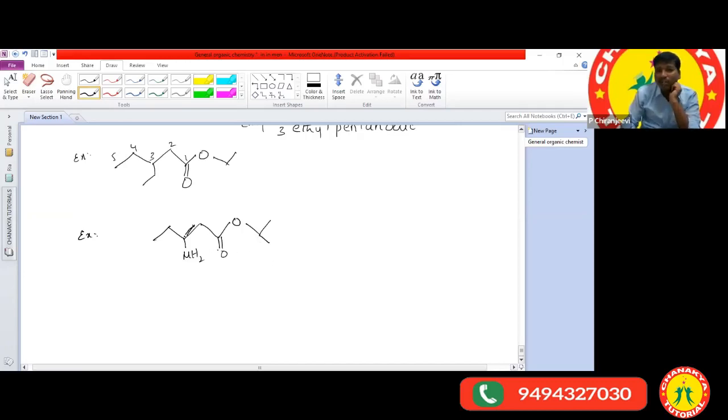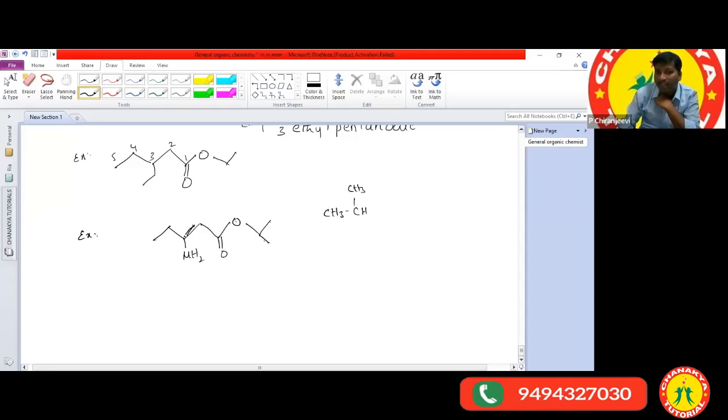Can I explain this one myself? Okay. So I'll explain this one. You will get a little bit of confusion here. Actually here 1, 2, 3 carbon atoms are there. If you simplify and write it, it is CH3, CH, CH3 group.